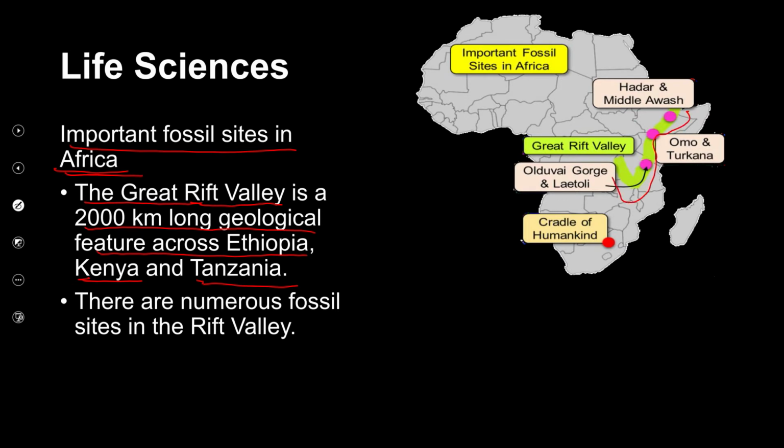It stretches over quite a few of the countries in Africa, so it has quite a few sites: Hadar and Middle Awash, Omo and Turkana, the Olduvai Gorge and Laetoli. There were numerous fossil sites found in this Rift Valley.